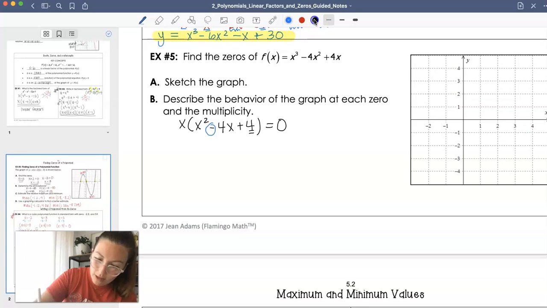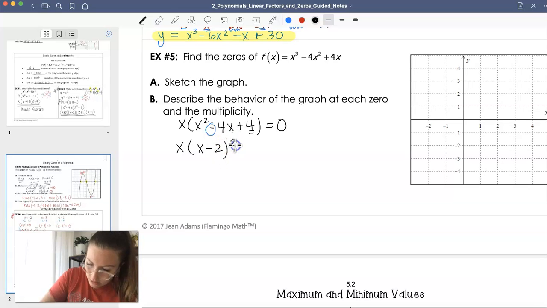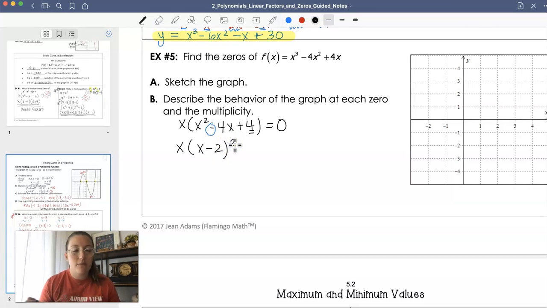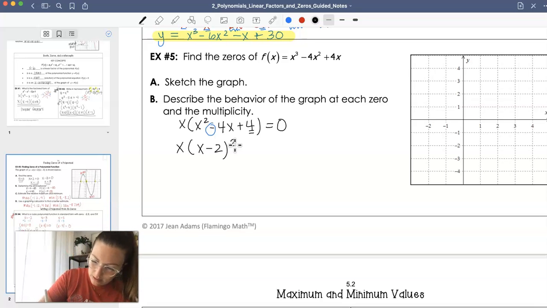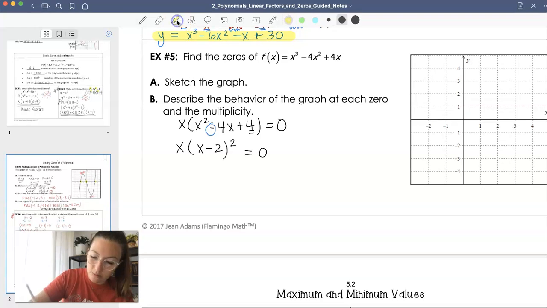So when it factors, we have x, then x minus 2 squared. There would be 2 of them. We can double check this because negative 2 times negative 2 gives me positive 4, and negative 2 plus negative 2 gives me negative 4. So x minus 2 and x minus 2, which we write as x minus 2 squared. This is important because it's going to give us a multiplicity.